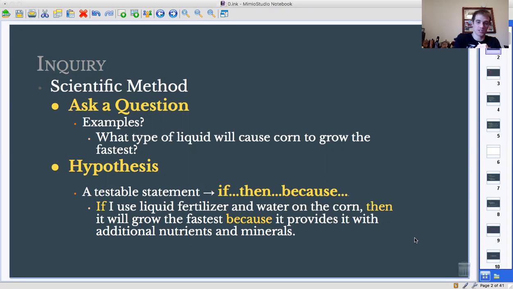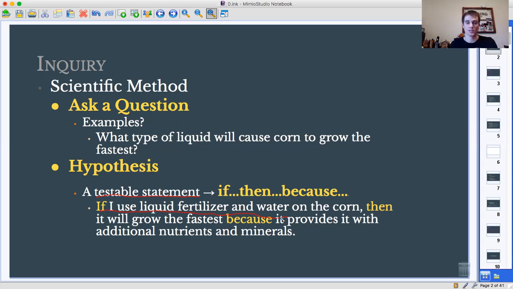So it's testable. My hypothesis needs to be testable first, and then it's written as an if, then, because. So it's a testable statement written if, then, because. For example, when you write a hypothesis, if I do something, in this case, example shown here, if I use liquid fertilizer and water on the corn, then it will grow the fastest because it provides it with additional nutrients and minerals.